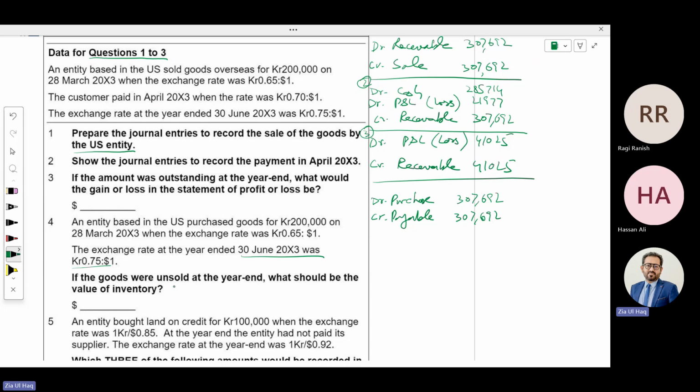If the goods were unsold at the year end, what should be the value of inventory? What will be the value of inventory at year end? It will remain the same because inventory is a non-monetary item. Only monetary items we need to retranslate at reporting date. Non-monetary items will remain the same.